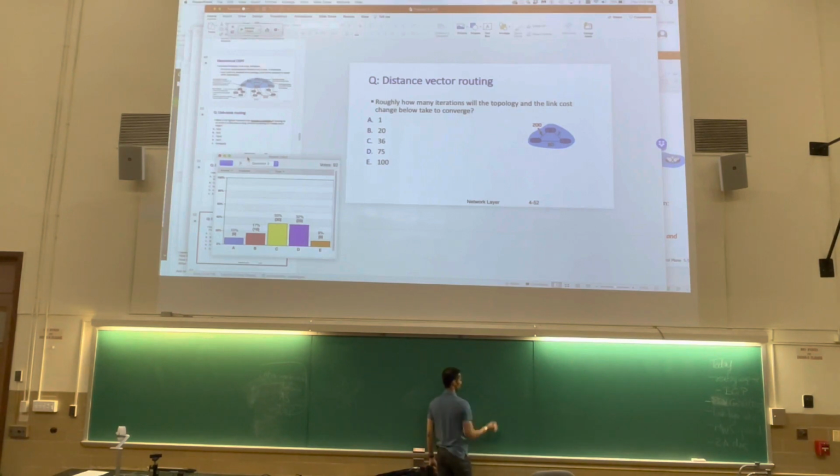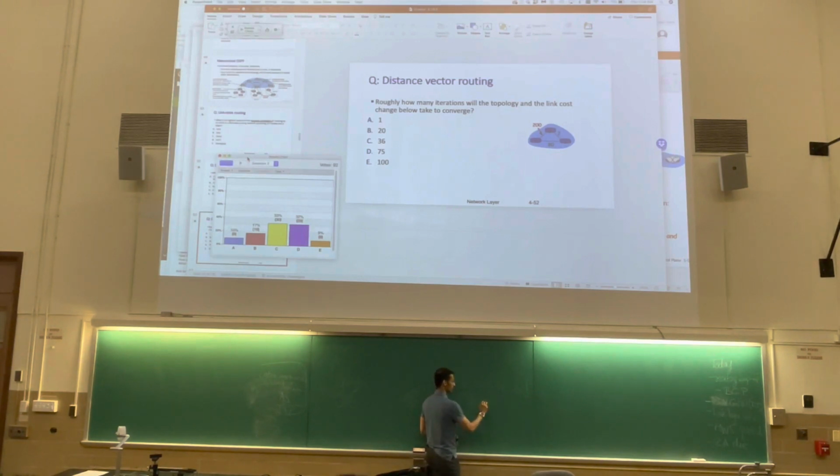Initially, at bootstrap time, X thinks its distance to itself is 0. Let's assume that this network is converged just before the bad event happened. Just before the 4 to 200 cost increase, X thinks its cost to itself is 0, its cost to Y is 4, and its cost to Z is 6. The network's at steady state just before that event happened. Nobody wants E.